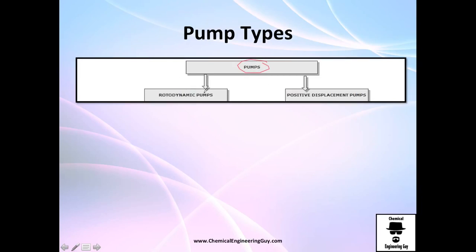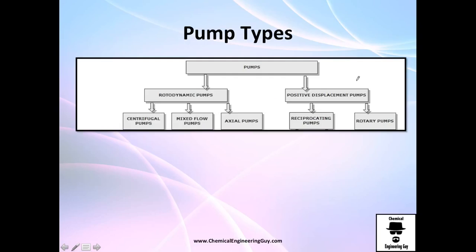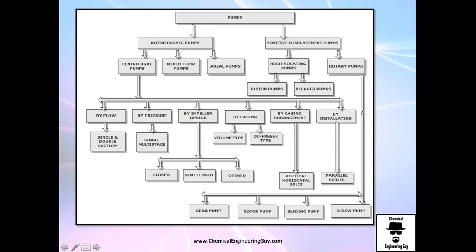There are rotodynamic pumps, which I told you are rotary, and the positive displacement pumps. Here, these are the kinetic ones I told you before. The centrifugal pump is the most common one used. Avoid this one, and the axial pumps, which are turbine-like pumps. Then we have the positive displacement pumps, which are reciprocating and rotary pumps.